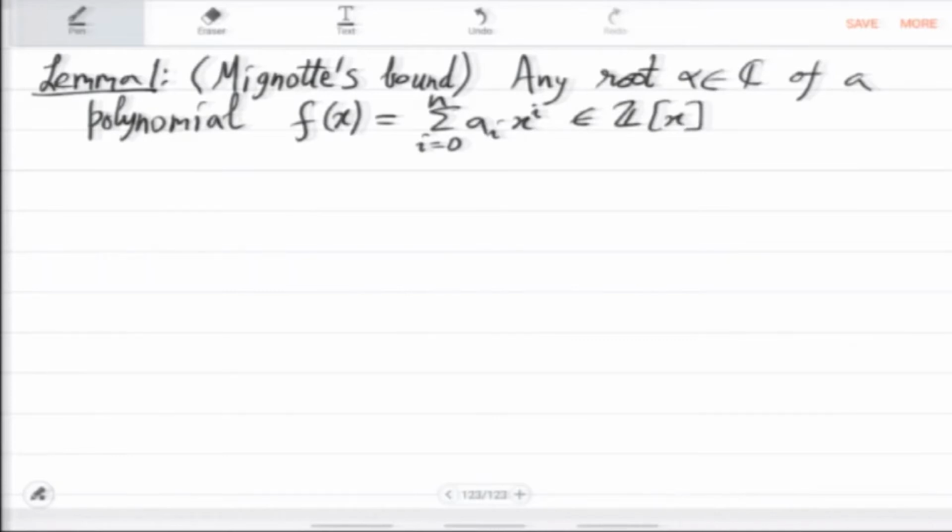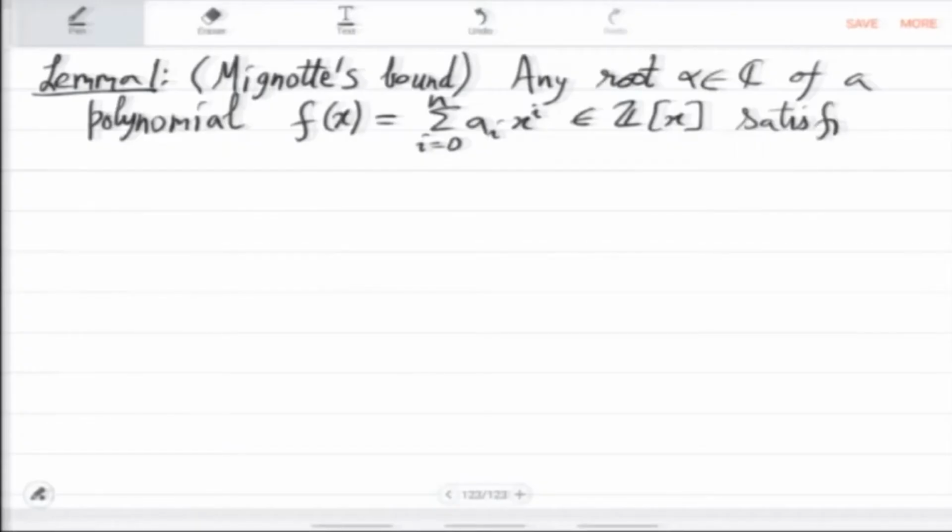You know that over the complex numbers the polynomial f will completely split into complex roots. The question that Mignotte's bound answers is how big is the magnitude of each of these roots. It says that the magnitude is at most n times the max coefficient.